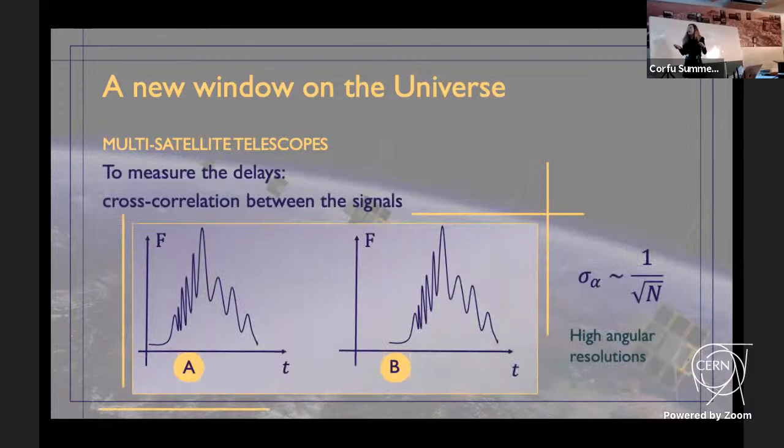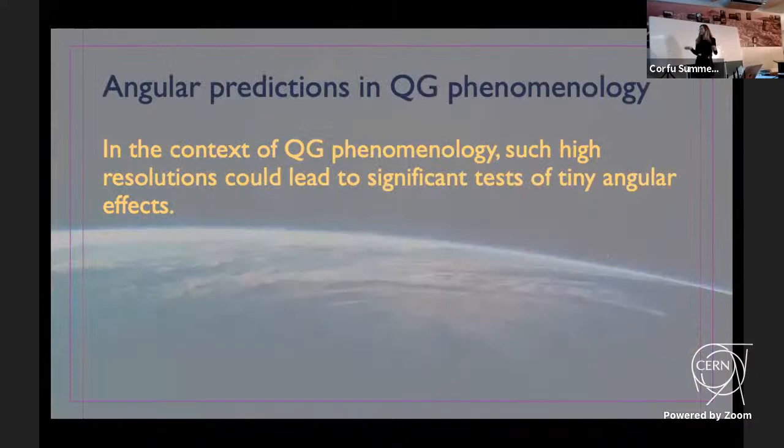And delays between the arrival of the signal at the two detectors can be easily estimated by considering cross correlation between the two signals. So for example, here I reported a typical light curve for a GRB as it would be seen from the satellite A and from the satellite B. And the precision in the angle measurements will increase as the square root of the number of satellites.